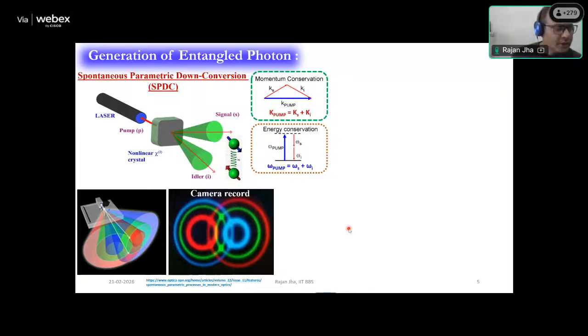One of the most important ways in which entangled photon pairs are generated, and this is also commercially available, is the generation of an entangled photon pair source using a non-linear process called SPDC.